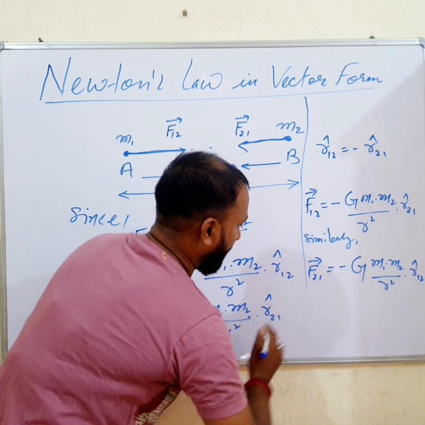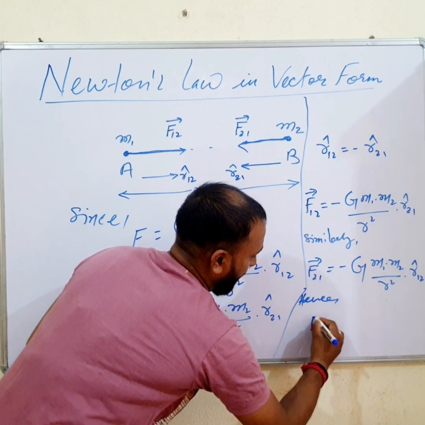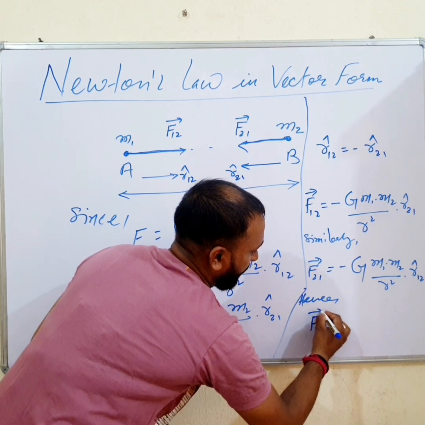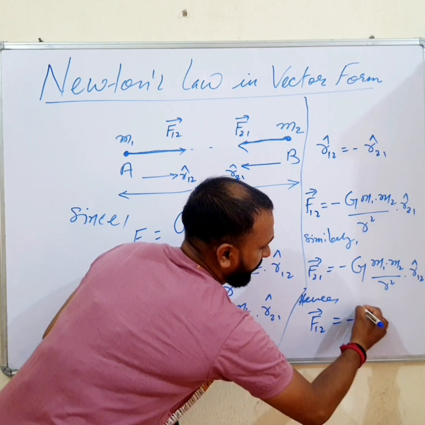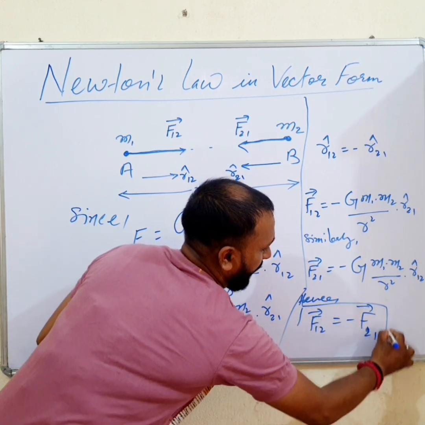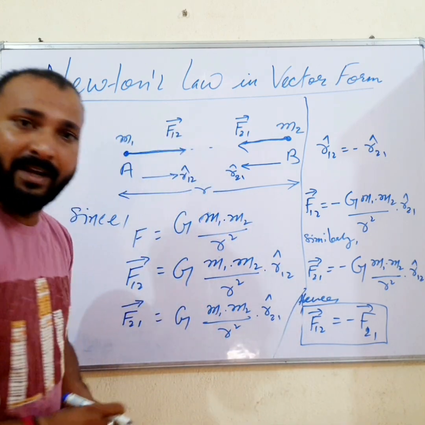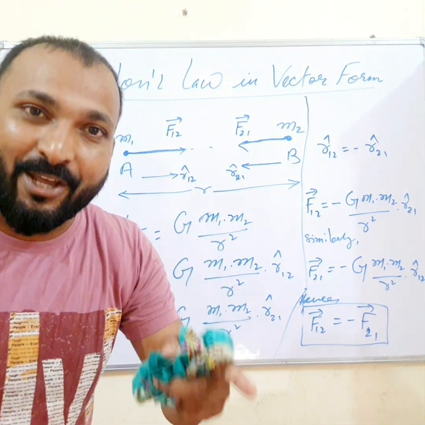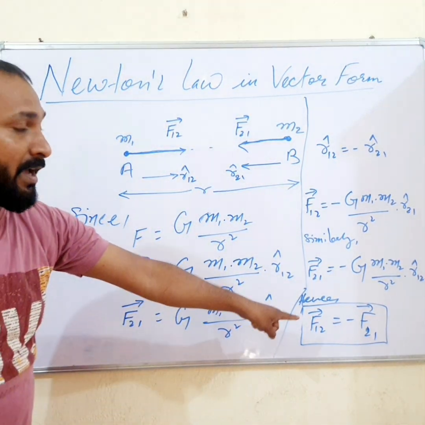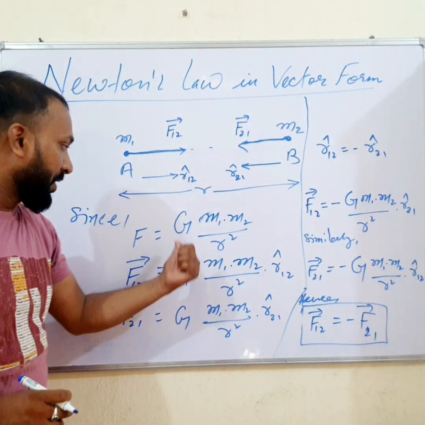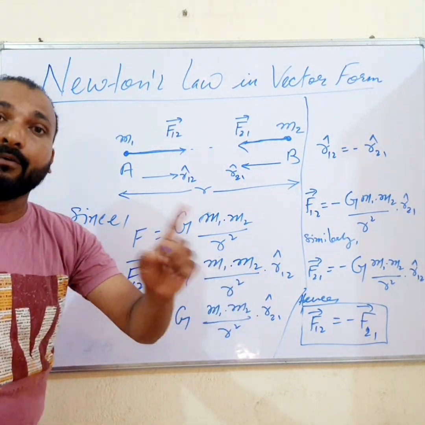Hence we can conclude that F12 vector equals minus F21 vector. That means these are the same in magnitude but opposite in nature. So ultimately, in this way we can write the entire equation of Newton's law of gravitation in vector form.